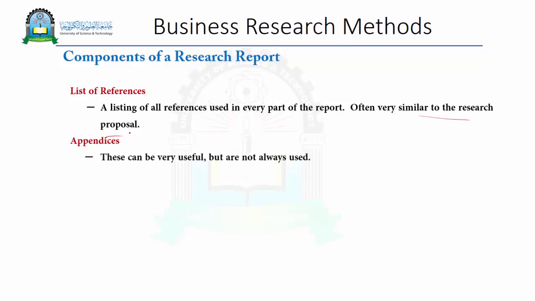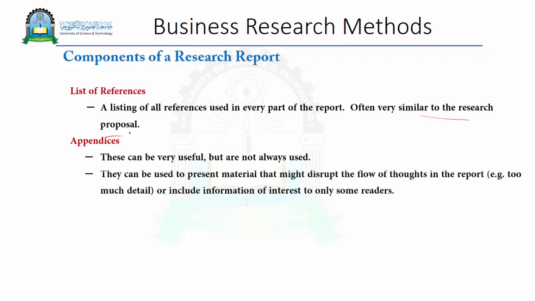The appendices. So many parts of the research you cannot include inside the report. You might attach them at the end as appendices. So it is the part which can be useful but is not always used.